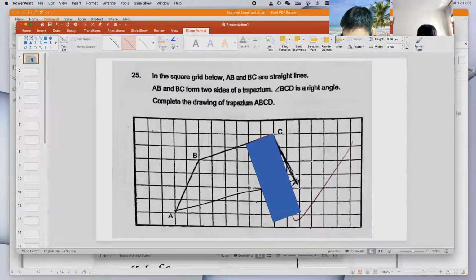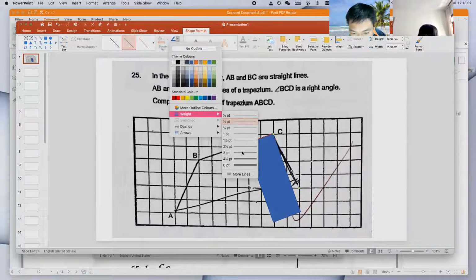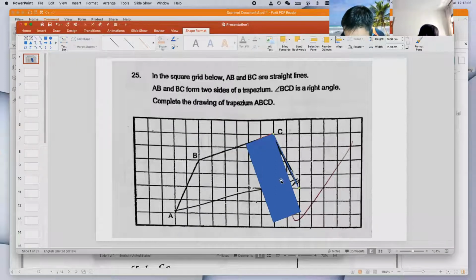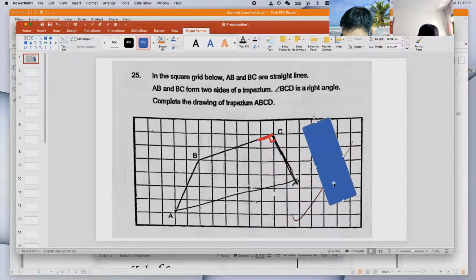Let me see. This should be it. You can pick until here also. See? How come the line is gone?